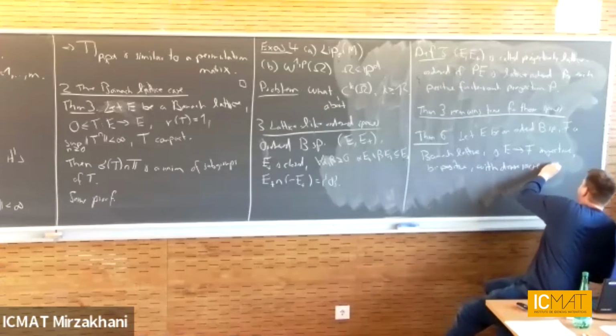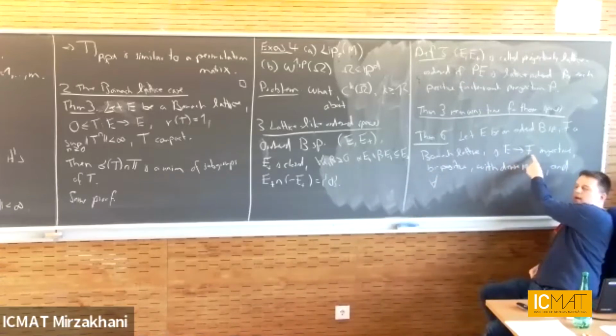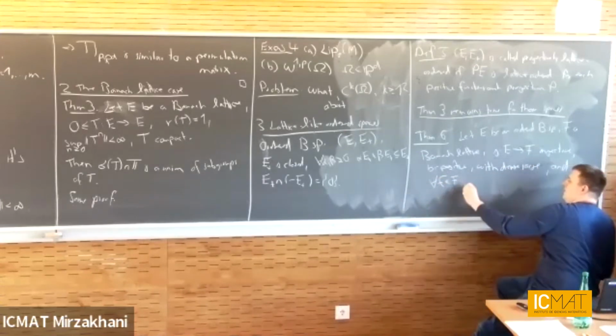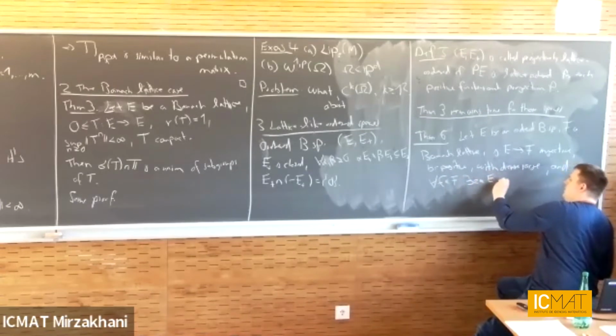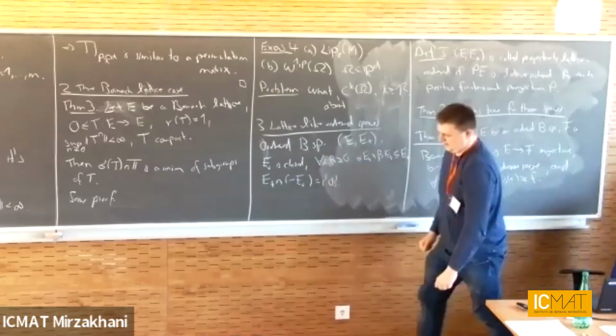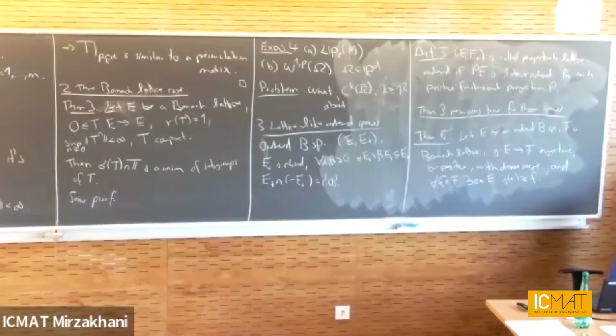Majorizing means that for each vector in the codomain, there exists a vector in the domain such that the mapping of E dominates it. Those are the assumptions of the theorem. So we can somehow embed E into a Banach lattice.